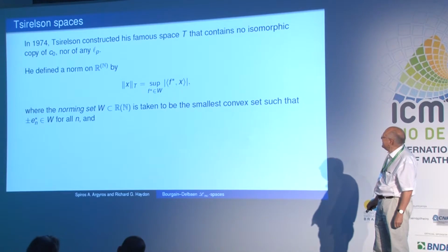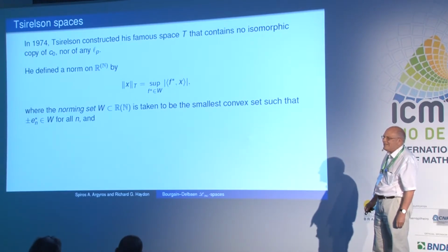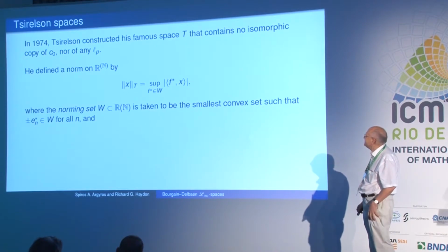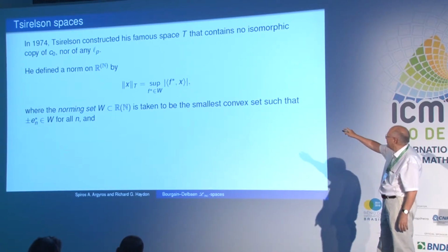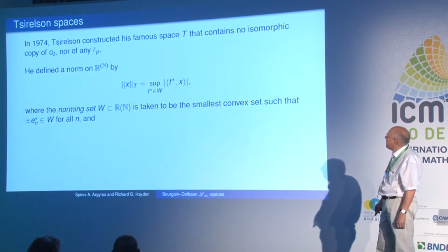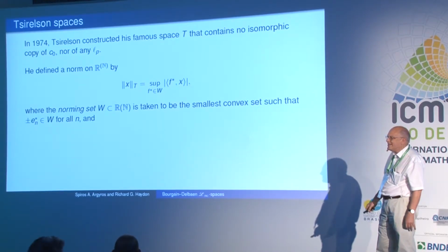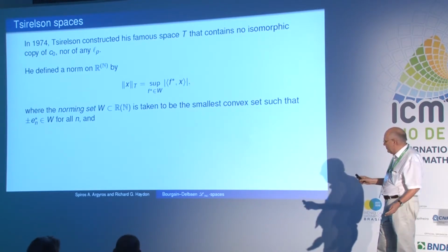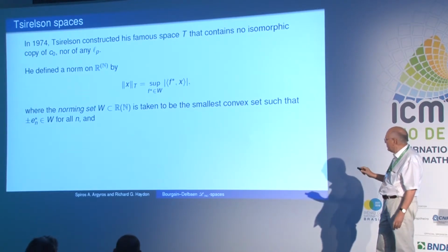And it's going to be a perfectly reasonable thing to do. You take the supremum over a certain subset W of the inner product, f star x. But what is neat is the way the subset is determined, and you can think of it as being given by recursion or as a fixed point.